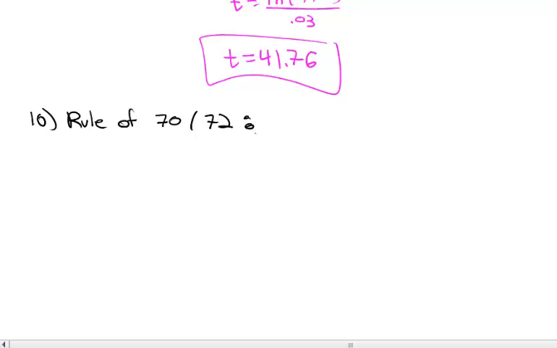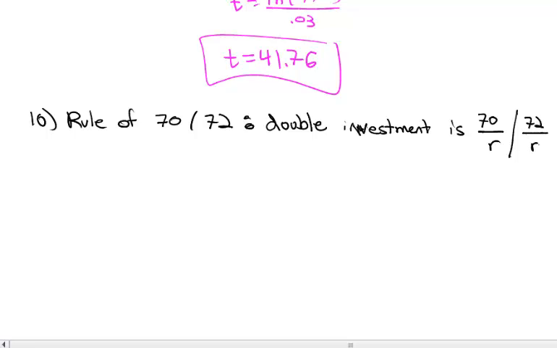Which basically says the time it takes to double an investment is approximately 70 divided by the interest rate. Or if you like the rule of 72, it's 72 divided by the interest rate. Both of them get you pretty much to the same answer.